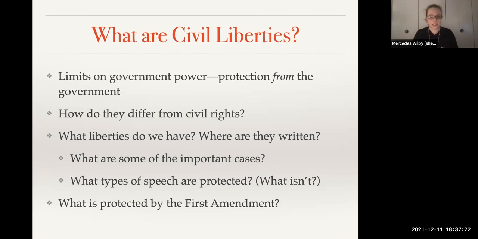We also see libelous speech or defamatory speech is not protected, right? If you libel or slander someone, you can be sued. So that type of speech is not protected. However, most political speech is protected, and it is often very difficult to prosecute people or sue them for speech, even if that speech seems to fall in an unprotected category.